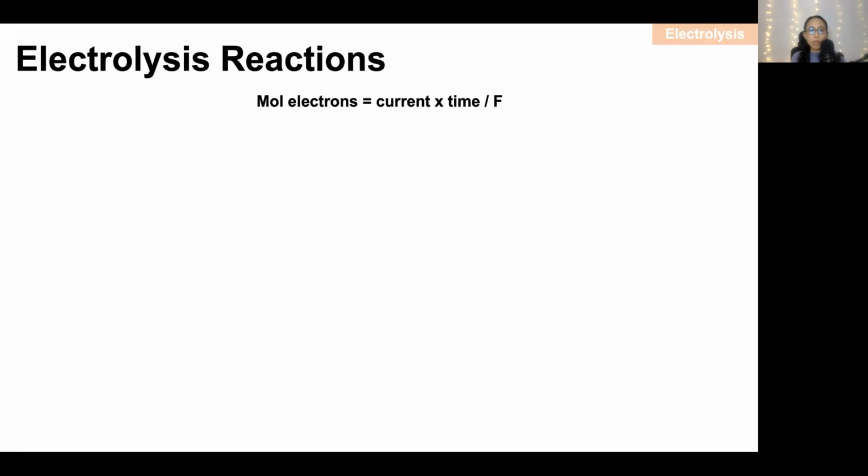So moles of electrons is related to your current and how long you perform your electrolysis reaction. So the formula is given as moles of electrons is equal to current times time all over Faraday's constant. Okay, so how do we use this equation?